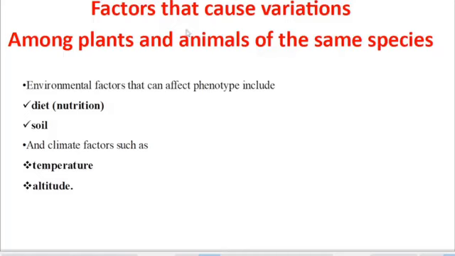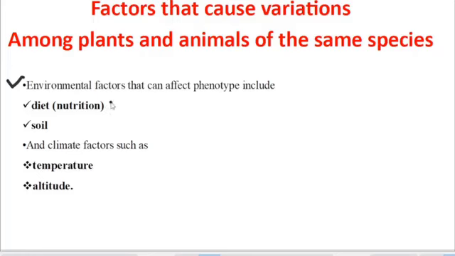We now come to look at the factors that cause variations among plants and animals of the same species. Number one, we have environmental factors. These environmental factors can affect the phenotype, meaning that they can affect the outward appearance of an organism.